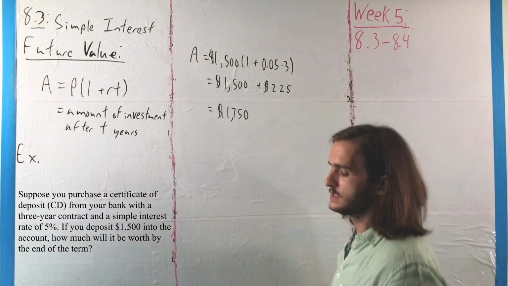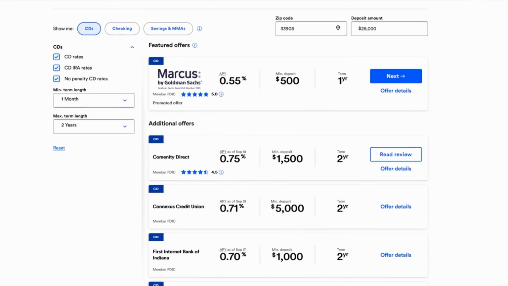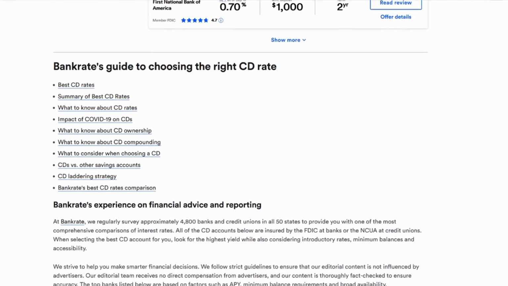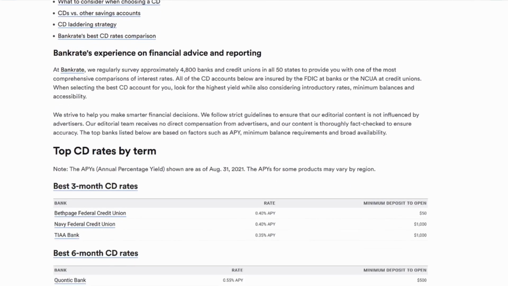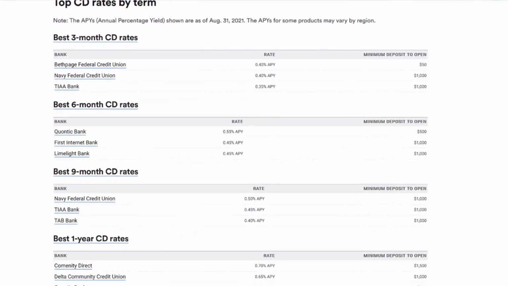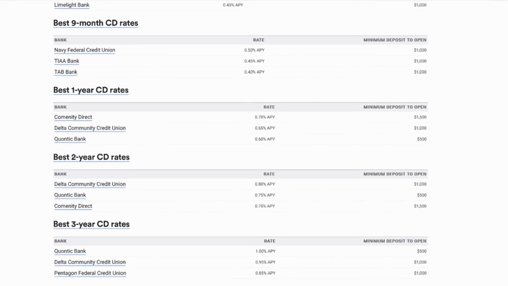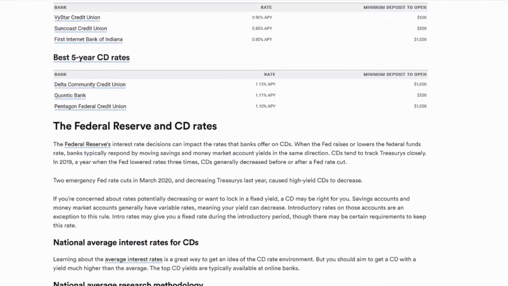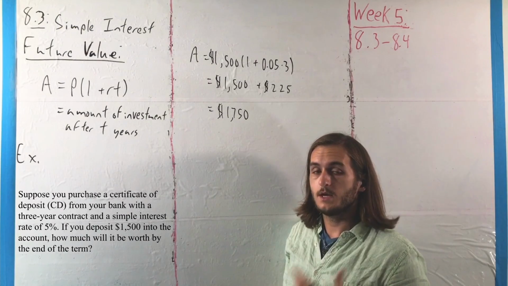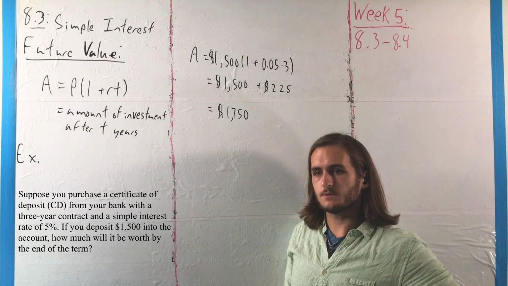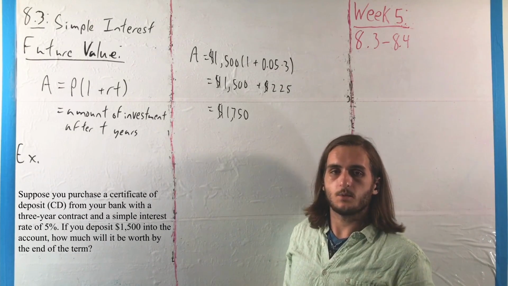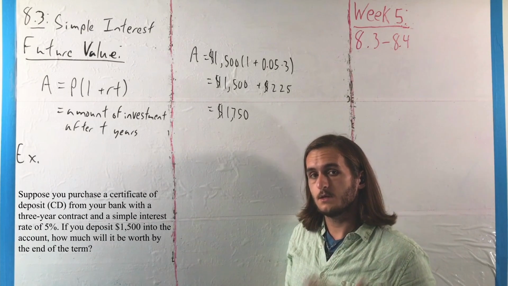Where I'll say that CDs in general do have higher interest rates. Something like 5% is still a bit unusual, but often when we're talking about these, it's a special kind of account that you can get where you're essentially saying, I'm going to let this money sit in here for a fixed term, in this case, 3 years, and as a result, because I'm not going to mess with it at all, I'm just going to leave it in the bank's hands for them to do with as they will until the term ends.